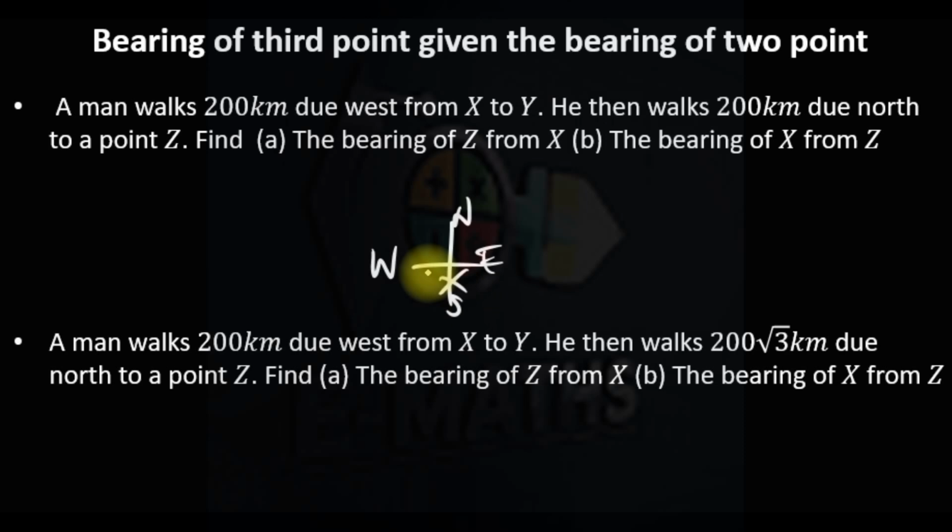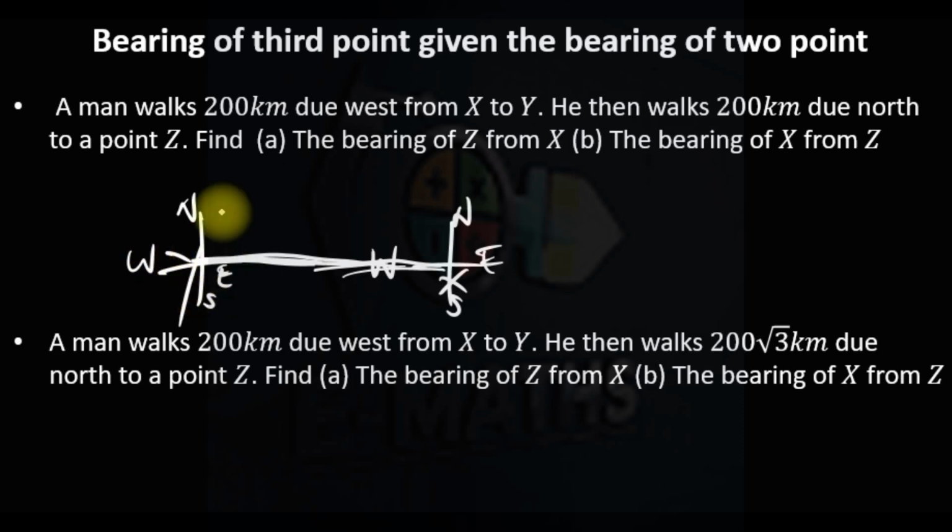Started from X and moved, this is a straight line, and moved to point Y, 200 kilometers, and moves north to Z. He then walks 200 kilometers again to Z. And we're asked to find the bearing of Z from X.